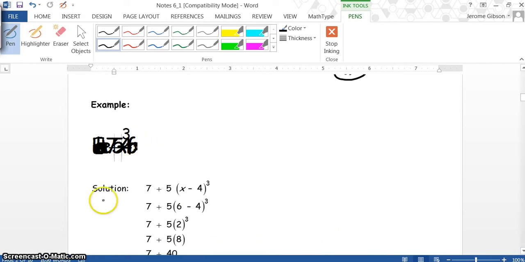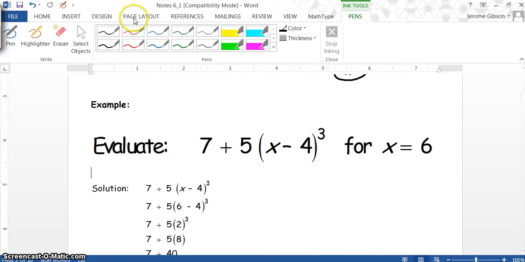Now, we come to this next example. Okay, this next example was a little jumbled up early on, but I stretched it out. So we will have evaluate 7 plus 5, in parentheses x minus 4, and that parenthesis is taken to the third power, or cube, for x is 6. So this means that wherever x appears, we're going to replace it with 6.